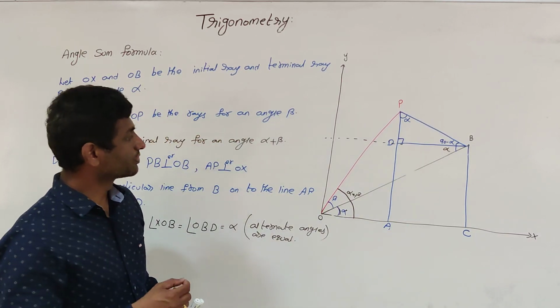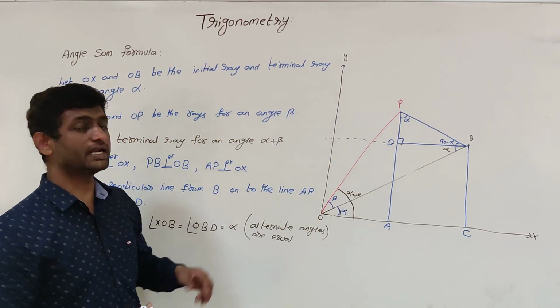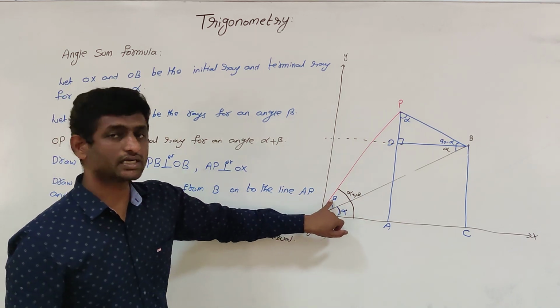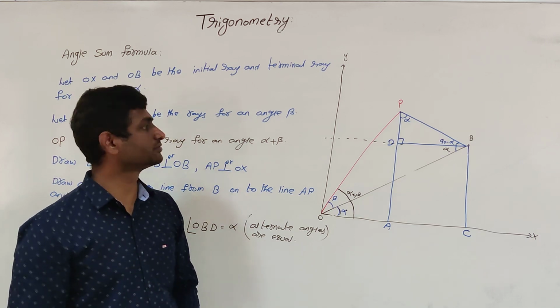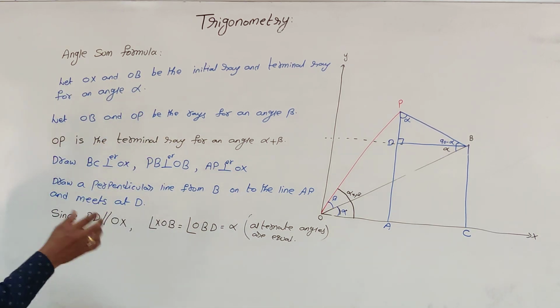Now, so we have the right angle triangle for alpha, right angle triangle for beta, and right angle triangle for alpha plus beta. Now we'll see the step by step.